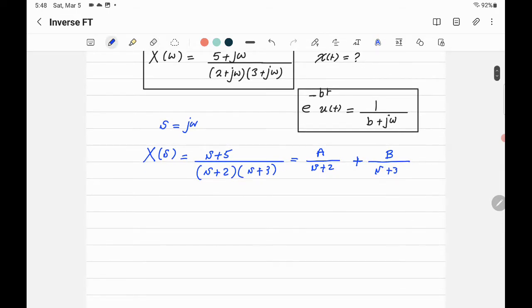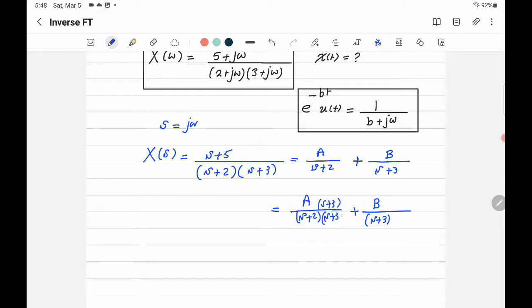So let's go ahead and start doing it. That's A over s plus 2. You want a common denominator, so you multiply by s plus 3, and at the top s plus 3, so no change happens here. Plus this term, B divided by s plus 3.